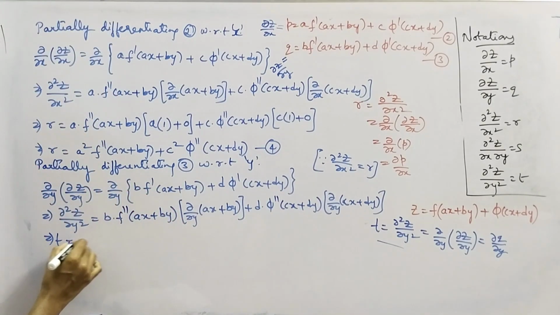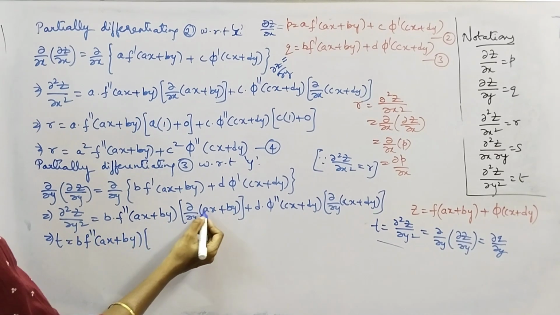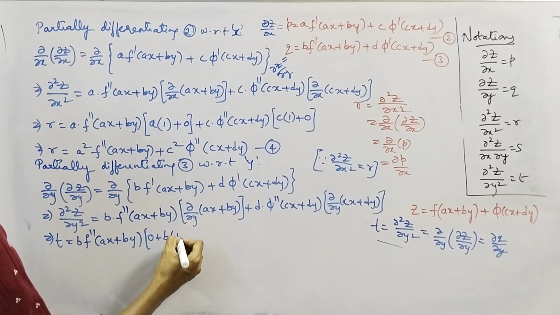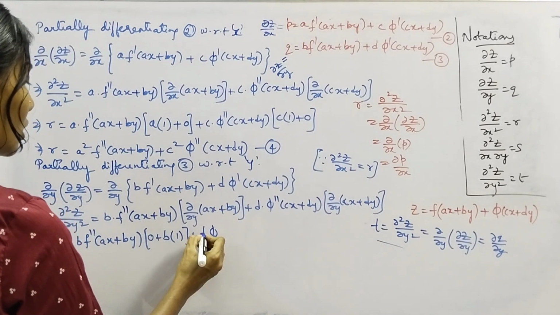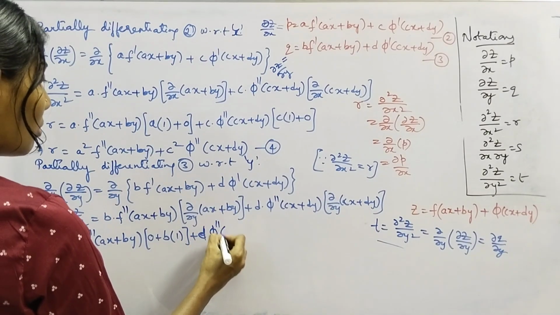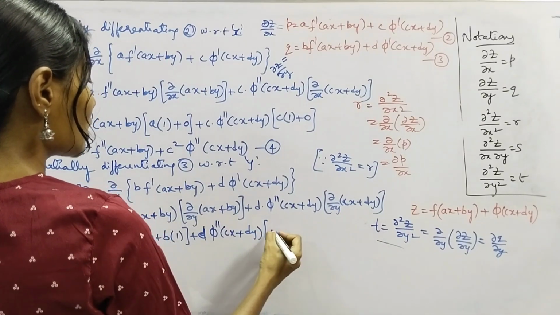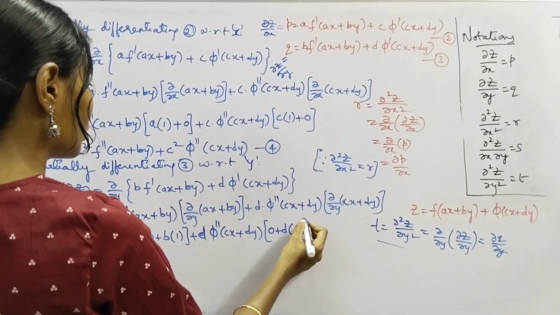Since we know that ∂²z/∂y² can be replaced by t, you'll get t equal to b into f'' of (ax+by) into the partial derivative of ax with respect to y, which is 0, plus b times the partial derivative of y with respect to y, which is 1, plus d into φ'' of (cx+dy) into the partial derivative of cx with respect to y, which is 0, plus d times the partial derivative of y with respect to y, which is 1.